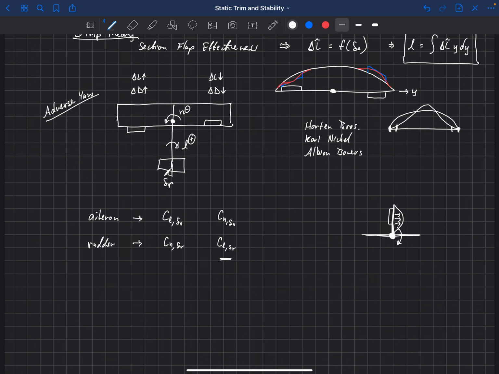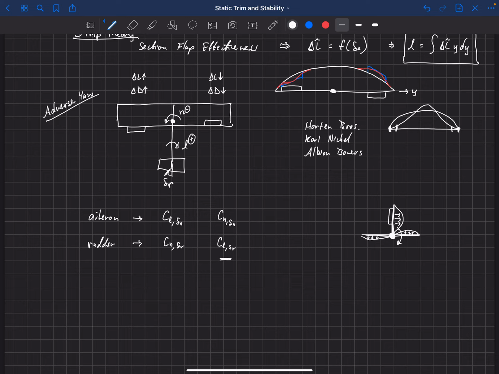We also, just like in sideslip, are going to have some interaction with the horizontal stabilizer. So that low pressure on the right-hand side here will actually create a low pressure and a high pressure on the horizontal stabilizer, and so we'll also get some rolling moment simply due to that difference in pressure on the two sides of the horizontal stabilizer.